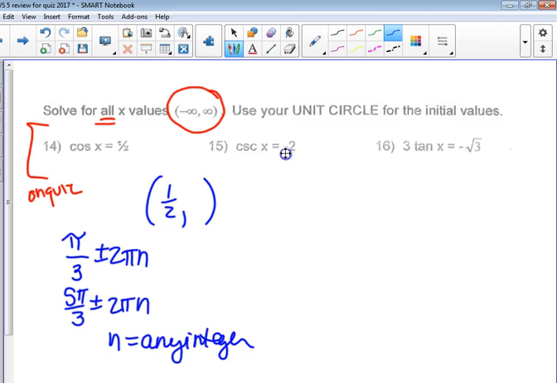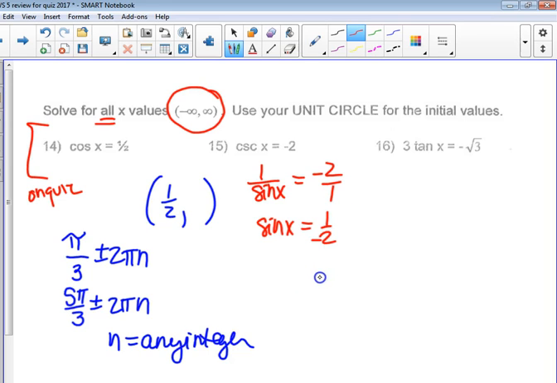Okay. Number 15. There's no cosecant on my unit circle. We need to stand on our head. This is 1 over the sine equals negative 2 over 1. If we stand on our head, that will say the sine of x equals 1 over negative 2. Is there a negative 1/2 for the sine on our unit circle?